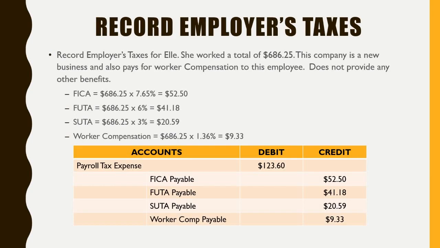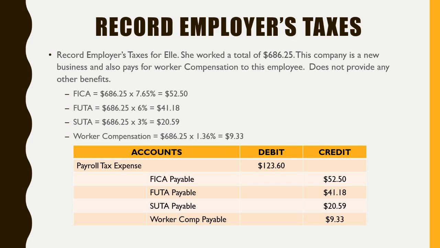So let's go ahead and calculate all of the necessary taxes that the company must pay for having the employee. Okay, so again, we're using L, who worked a grand total. Her gross earnings was $686.25.